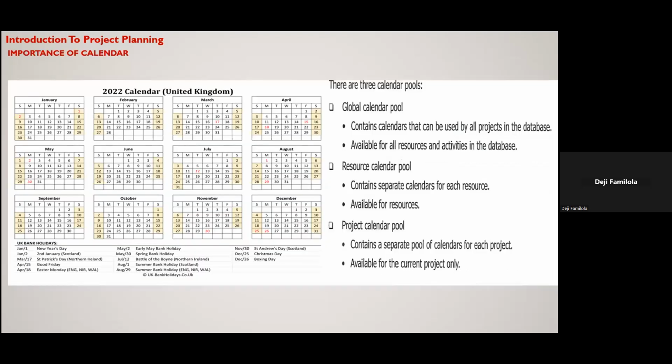I will talk about this because it is very important when it comes to planning. Your working calendar is key to planning a project. If you look at a calendar generally, you have bank holidays, you have weekends, you have some key holidays, and you have people that will need to go on holiday, you understand?